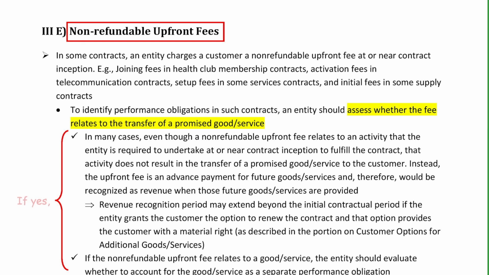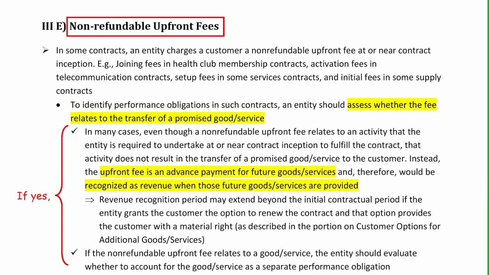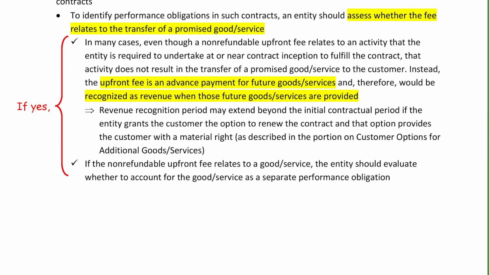Write, if yes, the upfront fee is an advance payment for the future goods or services, and therefore would be recognized as revenue when those future goods or services are provided. If not, recognize revenue now.